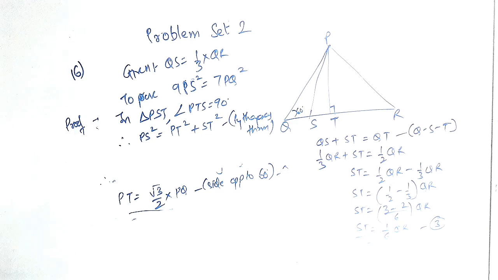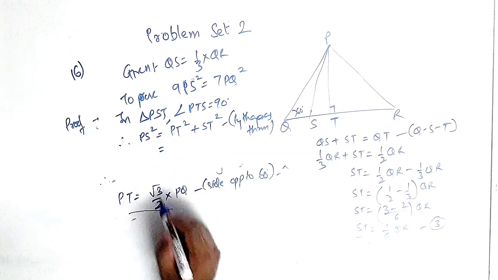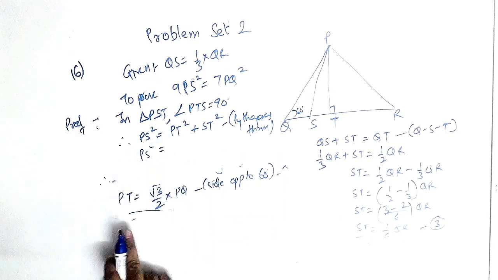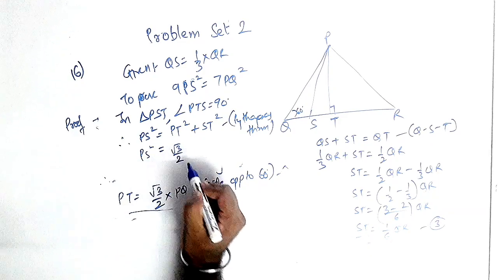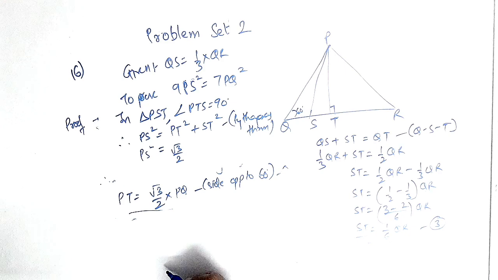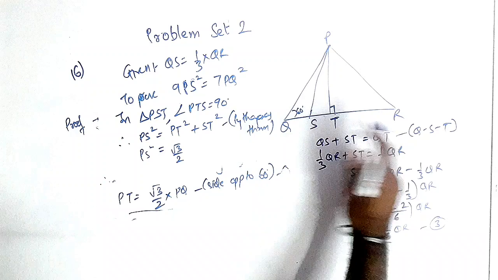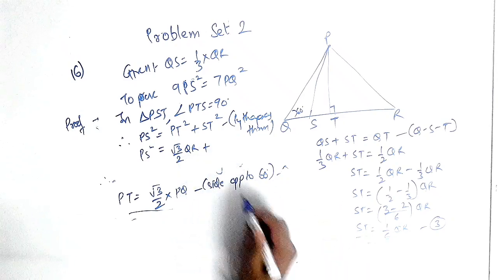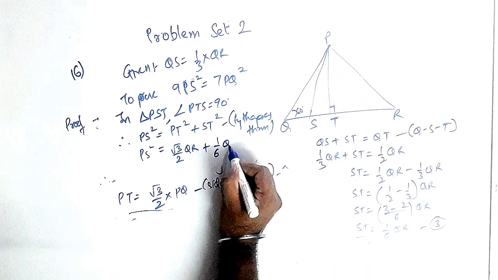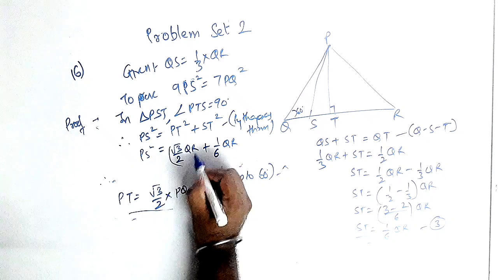Okay, now PS square we have to find, and PT you know it is root 3 upon 2 of, instead of PQ I will write here QR because they are one and the same. Okay, plus ST you know it is 1 upon 6 of QR the whole square.